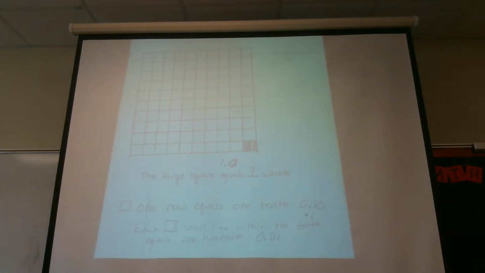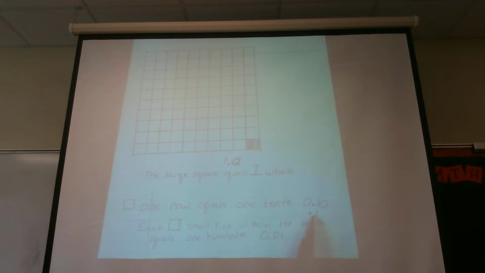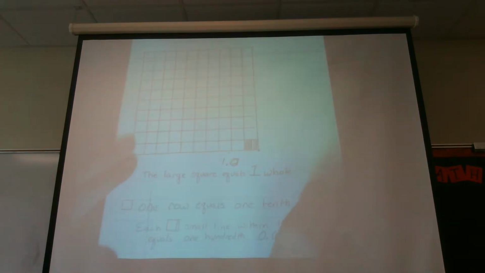Can I write that as a fraction? Anybody know how to write that number, 1/10, as a fraction? Ethan? 1 and then 10. Good. 1/10 can be written as the decimal 0.1 or as the fraction 1/10. Fractions and decimals are the same thing.